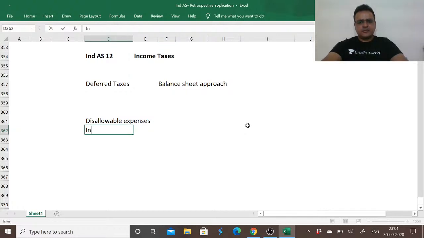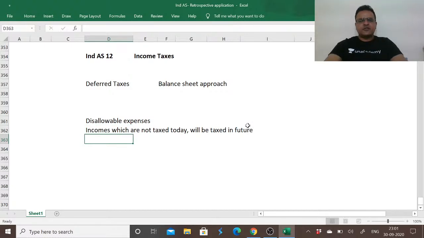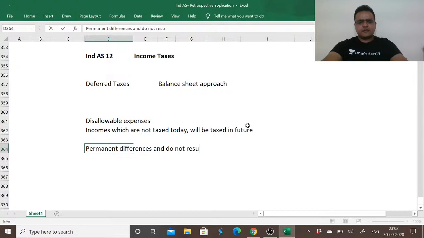There may be incomes which are not taxed today but will be taxed in future. So these may result in permanent differences. Permanent differences are accounted for immediately and do not result in future tax consequences.